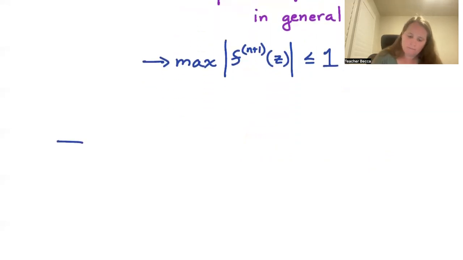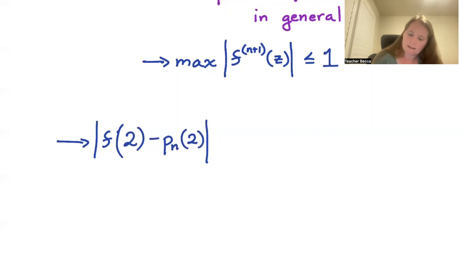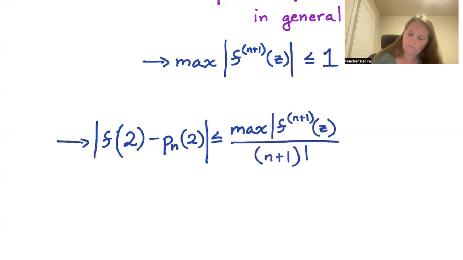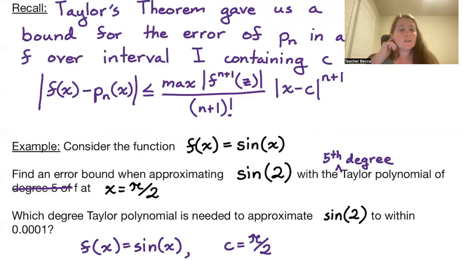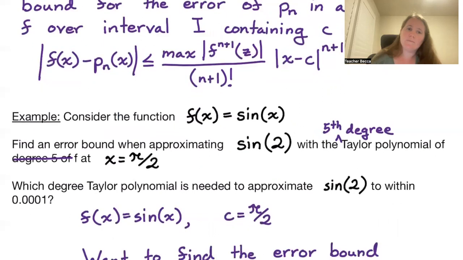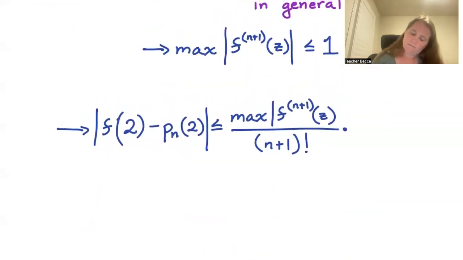So we have that the difference between f of 2 and P sub n of 2, the absolute value, has to be less than or equal to the max of the absolute value of the n plus 1 derivative of f over n plus 1 factorial, times 2 minus pi over 2 raised to the n plus 1. This is true for any n.